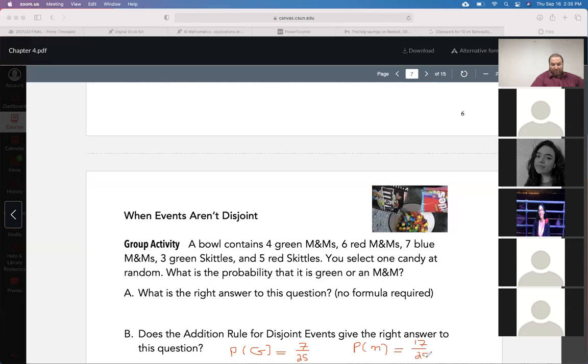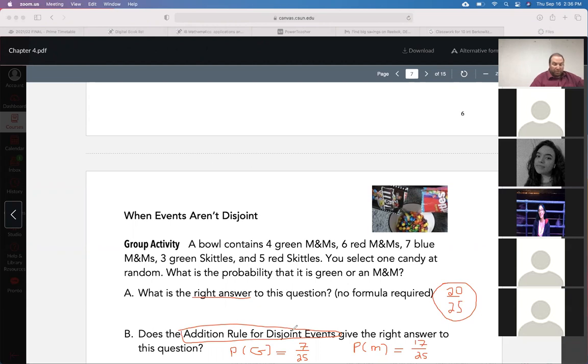And if we add these, like the rule for disjoint events, what do we get? 24 out of 25. Was that the answer that we got in part A? No, in part A, we got 20 over 25, and now they're saying it's 24 out of 25. One of these must be wrong, but the first is the right answer to the question, so the addition rule for disjoint events does not apply here.